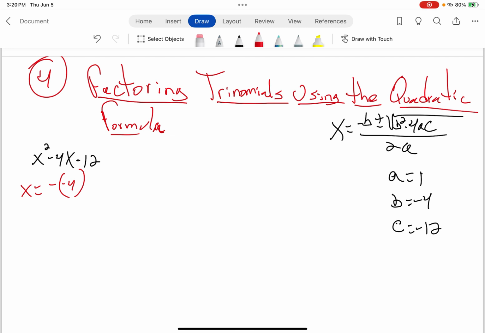Then plus minus from the formula, and then the square root of B squared. Who is B? B is minus 4 squared, right? Always use parentheses. Then minus 4 from the formula, and then the formula says that will be A. Who is A? A is 1 times C. Who is C? C is minus 12.